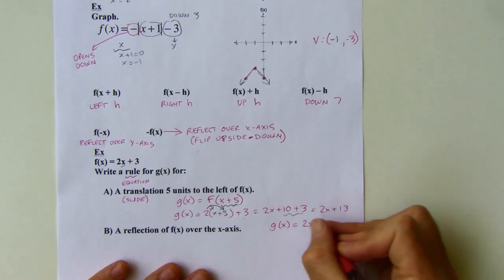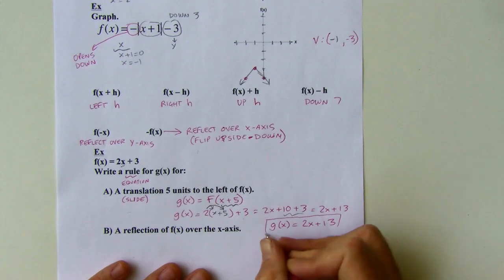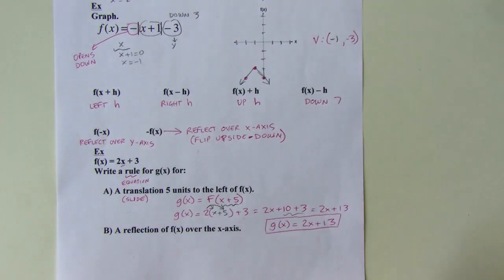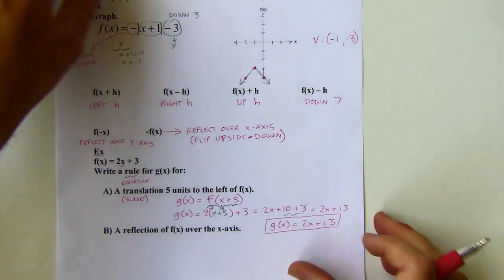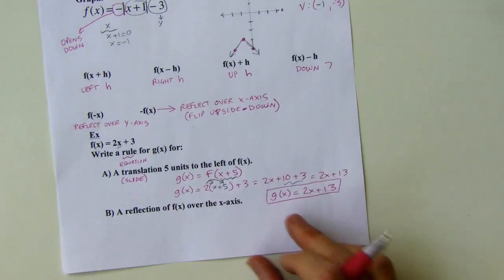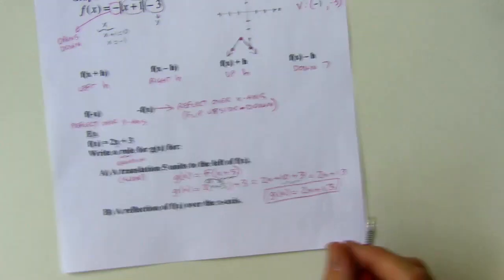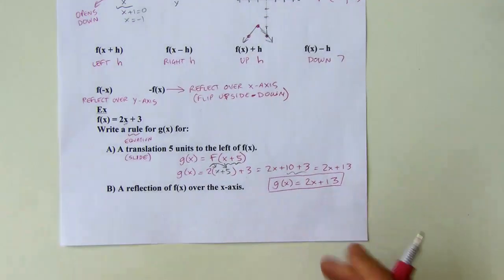A lot of times people forget that g of x equals, but it's not an equation if you just write 2x plus 13 as your final answer, because that's not an equation. It's an expression. Wow, I couldn't think of the word expression. Got it back.